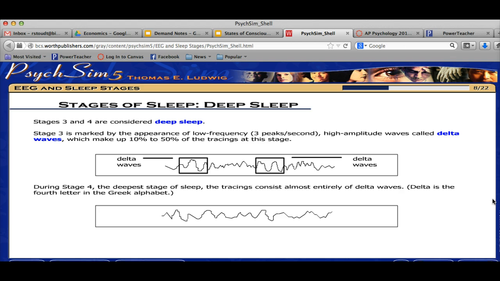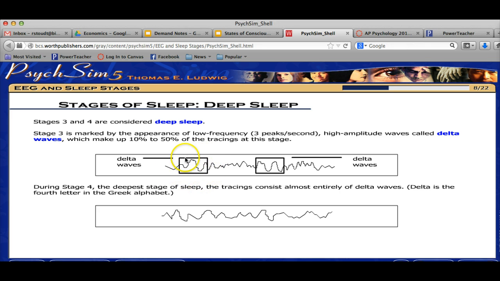Stage 3 and stage 4 are more deep sleep. This is when we actually see delta waves. Delta waves are very low frequency, so very slow brain waves, but very high amplitude. The difference between stage 3 and stage 4 is that in stage 3, you have these pockets of delta waves.